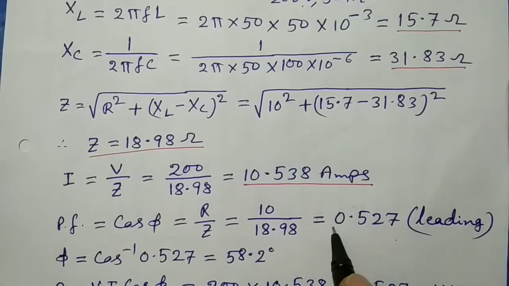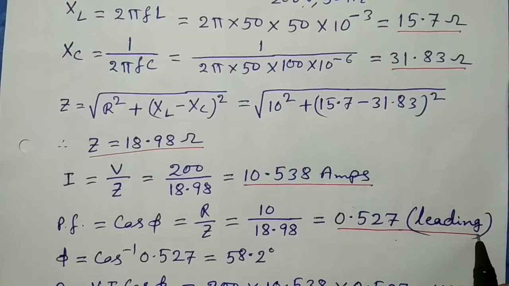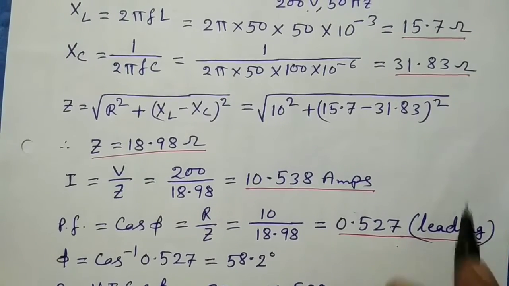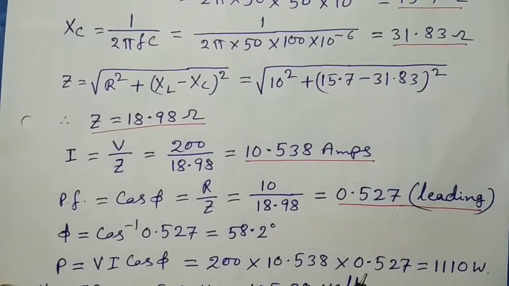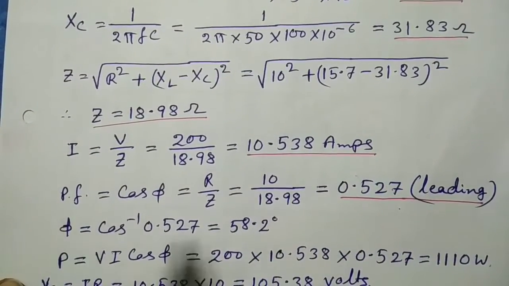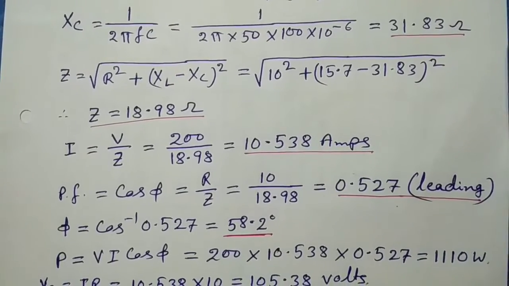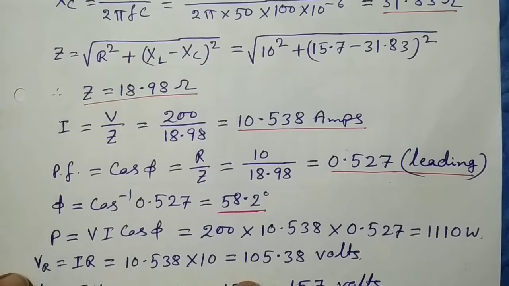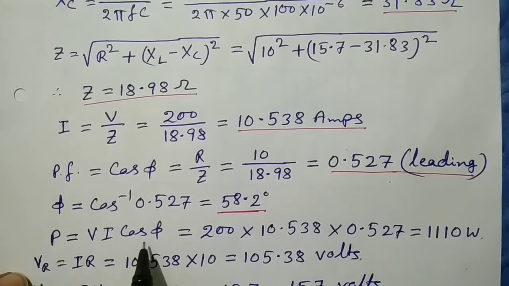So we have calculated the power factor as 0.527 leading, because the capacitive reactance is more than the inductive reactance. From there we can find the phase angle also, that is 58.2 degree. Next, the power of the circuit, active power, that is VI cos phi.